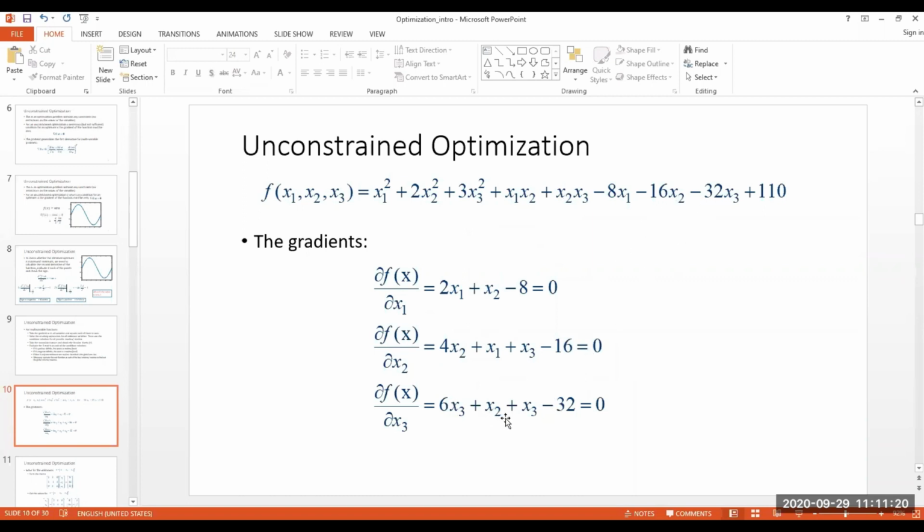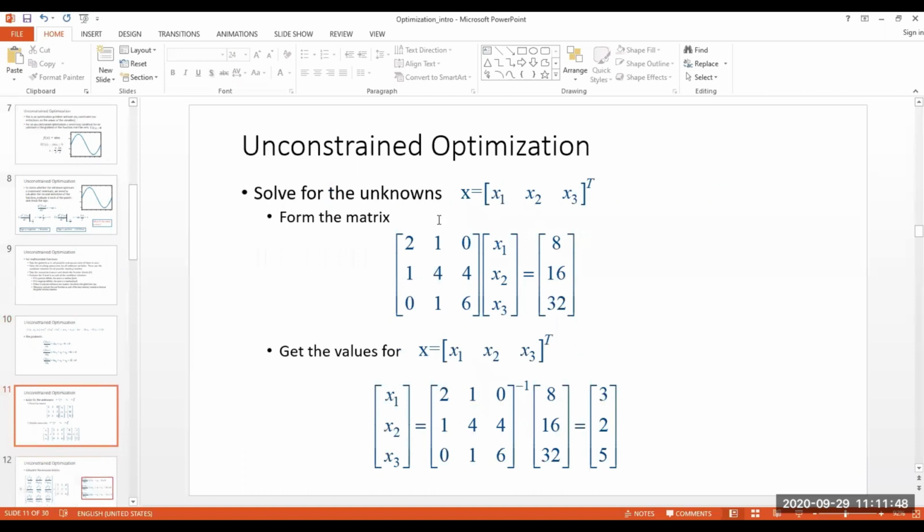Probably there is some mistake, I have to correct this, okay? But you can do it. So if we do it, what would we get? We will get 6x3 from here. You will get x2, and there is a mistake, I think. This x3 should not be here. So this is the mistake, okay? Please correct it. I will correct it in the later version.